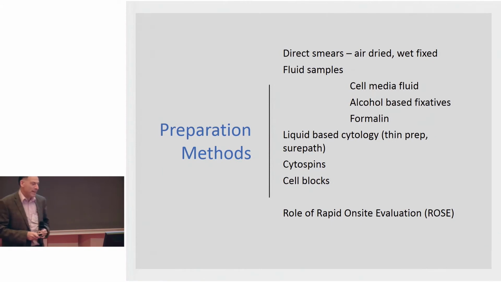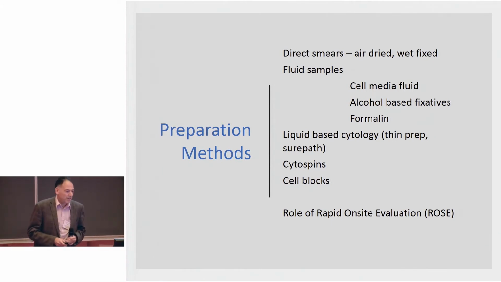So how can we prepare these samples? Well, you can do a direct smear, which may be, as mentioned, air-dried or wet-fixed. Fluid samples can be taken either into a cell media fluid or into alcohol-based fixatives, which are used generally in most cytology samples, or even directly into formalin.